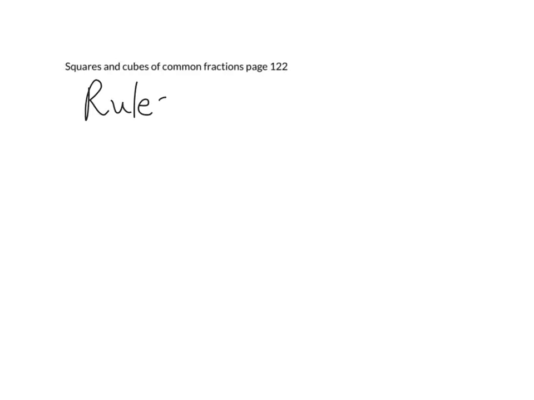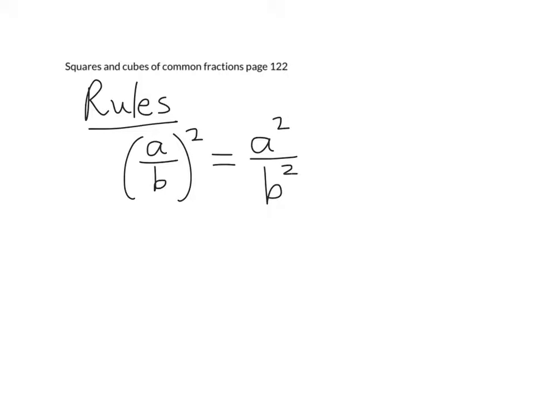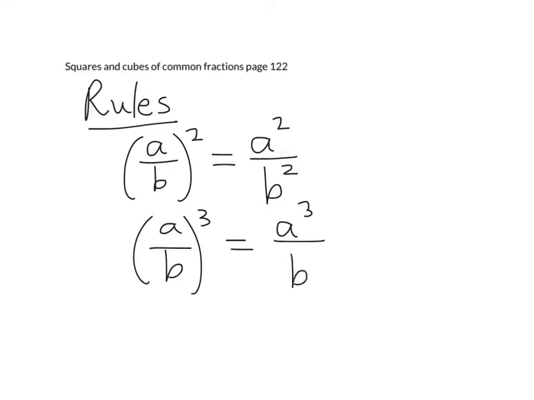The rules that apply to squares and cubes of common fractions is if you have a fraction a over b all squared, it gives us a squared over b squared, and a over b all cubed gives us a cubed over b cubed. So you square the numerator and you square the denominator, or you cube the numerator and you cube the denominator.